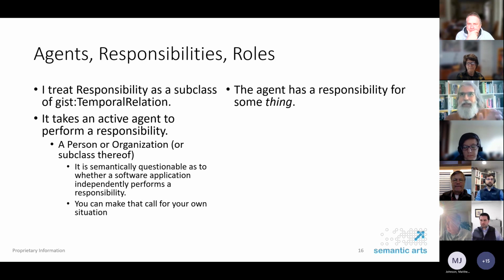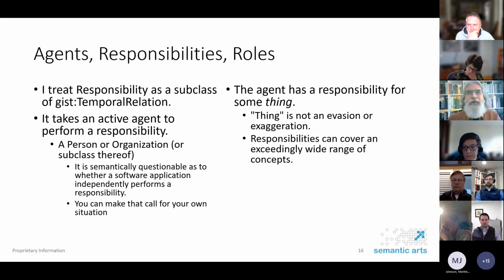Also, the agent has a responsibility for something. That's kind of the nature of what a responsibility is. But when I say thing, I'm not evading or exaggerating. It is just the nature of responsibilities that it can cover a wide variety of concepts. So trying to narrow down the definition of what a responsibility can be about is probably a fool's game in general.